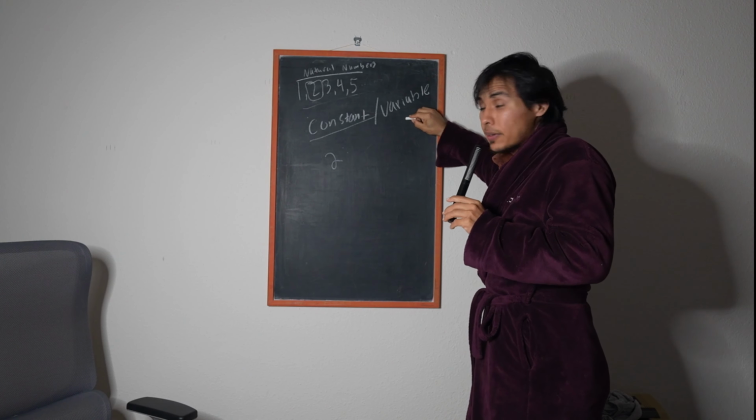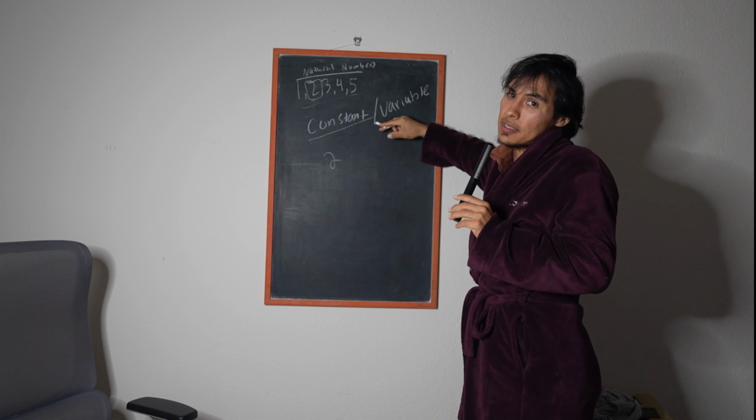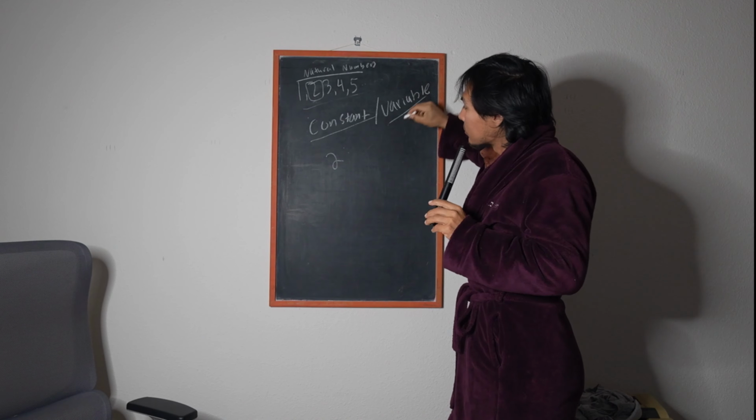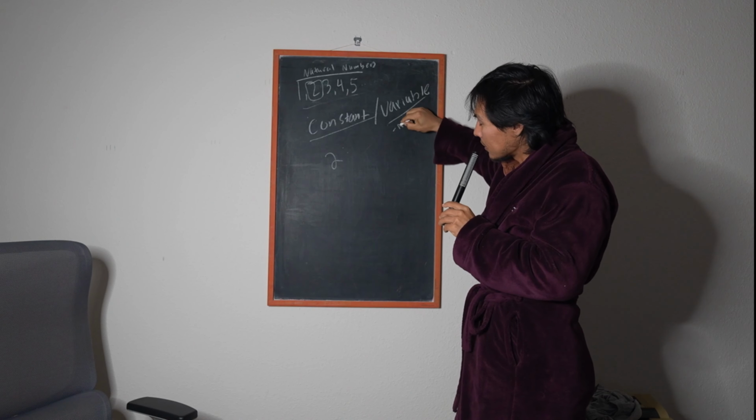Now we have a variable. The opposite of constant, something that changes. It changes value. It could be any value, actually.